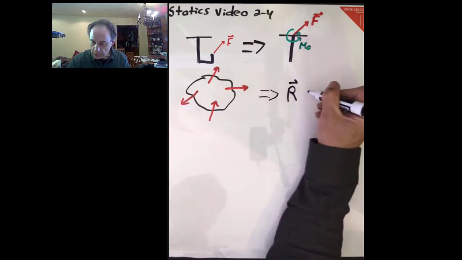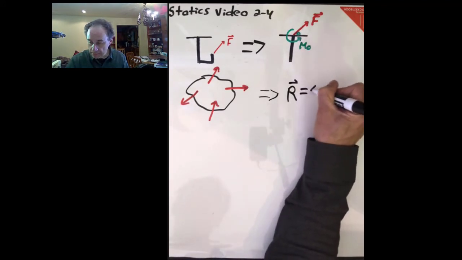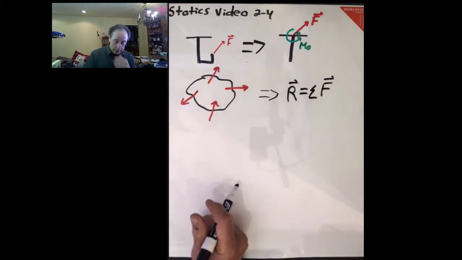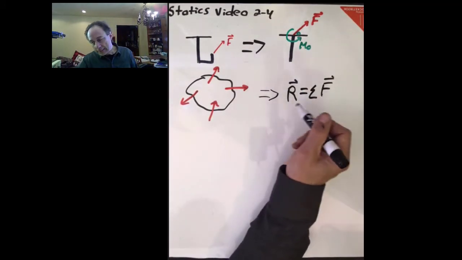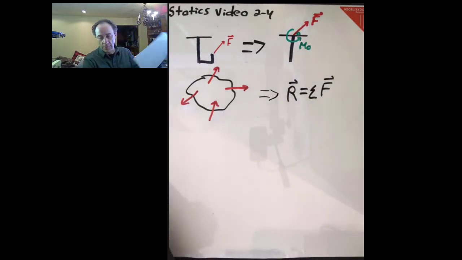The resultant, usually called R, is just the sum of all the forces acting on the body. And again, sometimes this is a lot easier to deal with than all the separate ones. Sometimes it's helpful to deal with the separate ones. Sometimes it just depends on the problem.